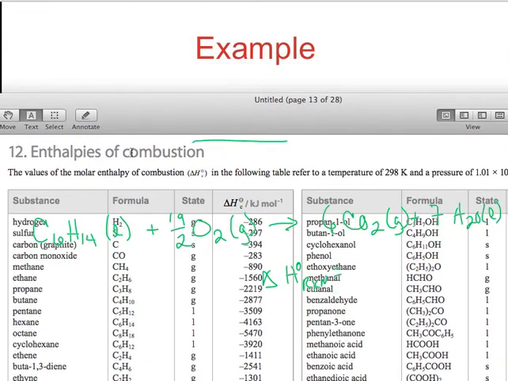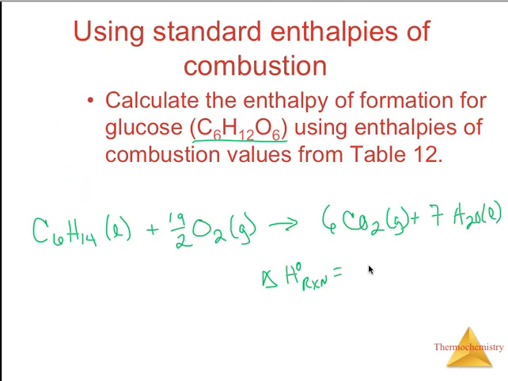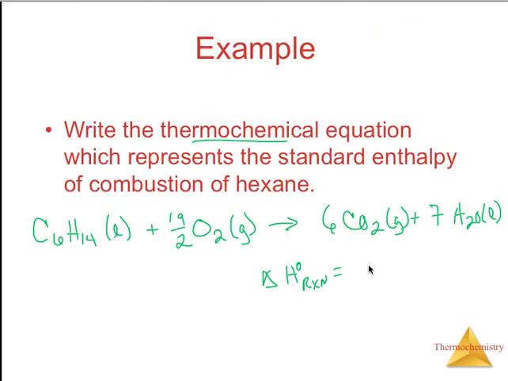So hexane, the combustion, is negative 4163 kilojoules per mole.